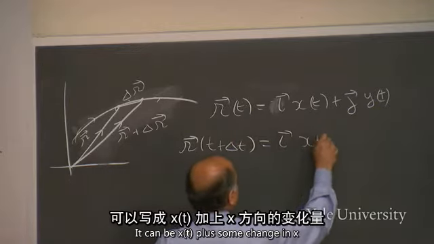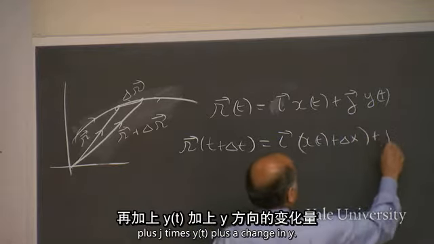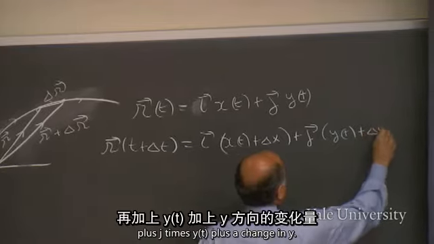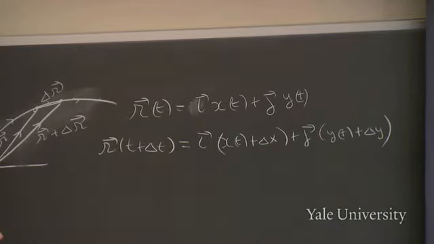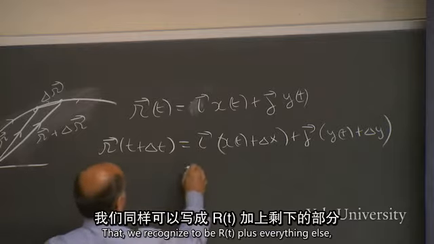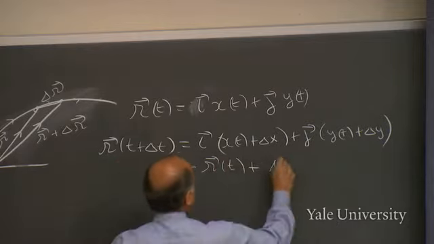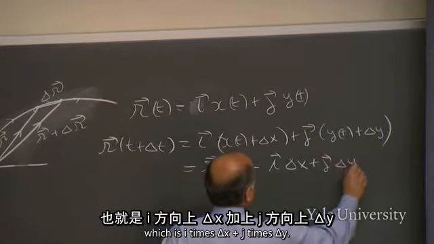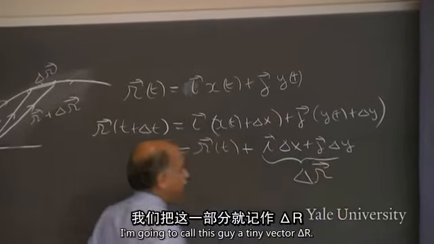It can be x of t plus some change in x plus j times y of t plus a change in y. That we recognize to be r at time t plus everything else, which is i times delta x plus j times delta y. I'm going to call this a tiny vector delta r.